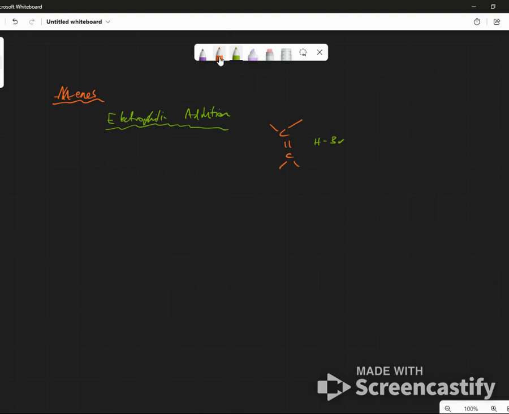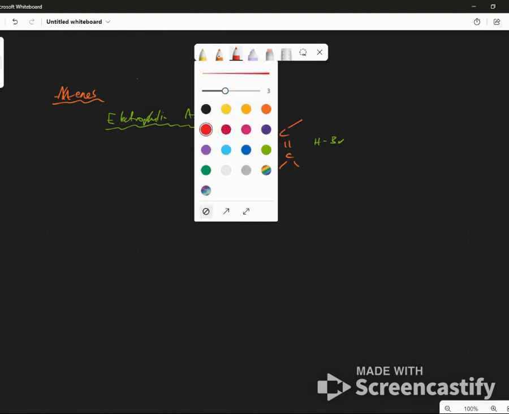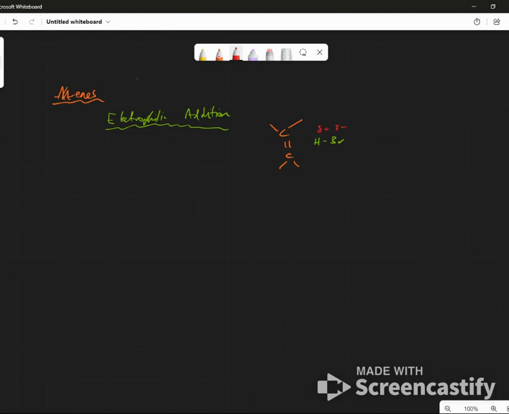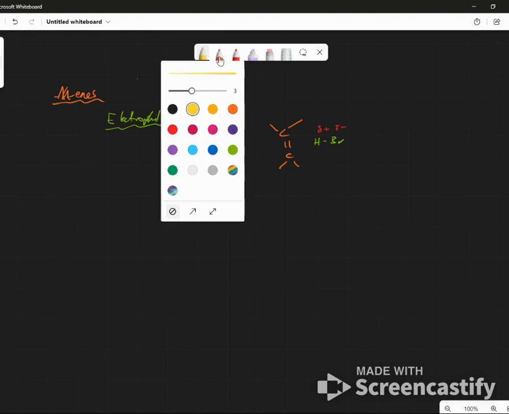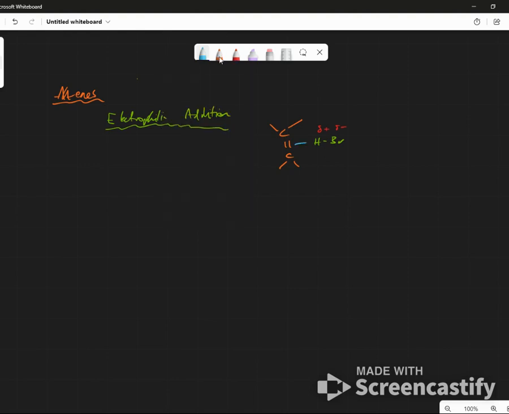This is just a revision from last lesson. Let me do a nice red for this one. This is delta plus and delta minus. The HBr attacks, electrons come out here, these electrons go on here, and we end up with this.